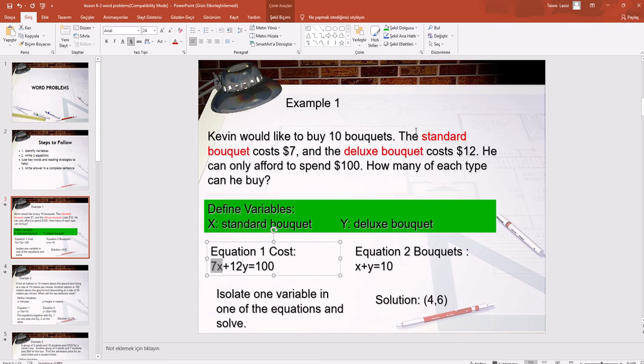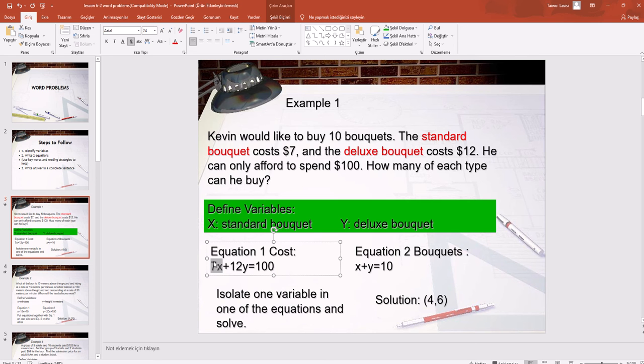If a bouquet costs 7, and x is the number, how many should I buy, and what is the cost? If I buy 1, it's 7. If I buy 2, it's 14. If I buy 3, it's 21.